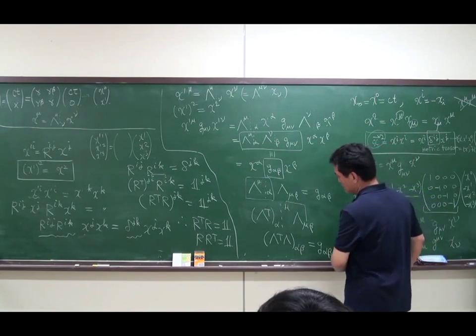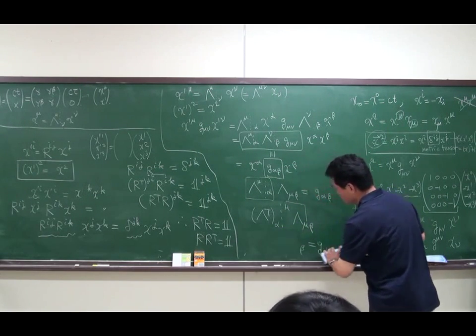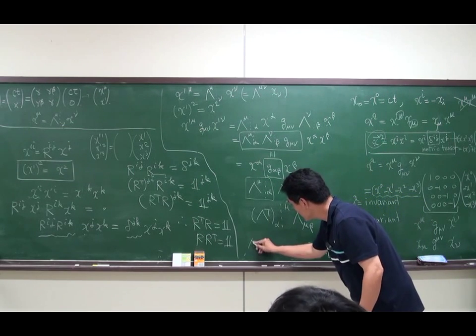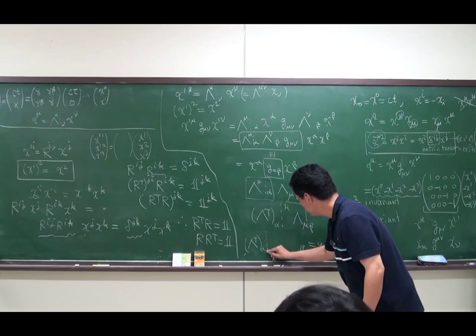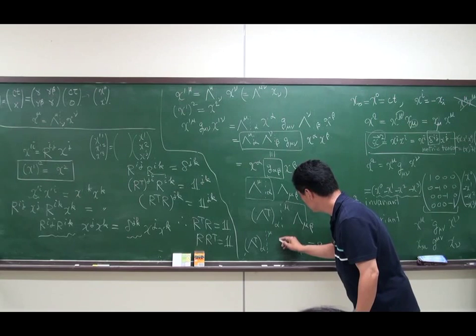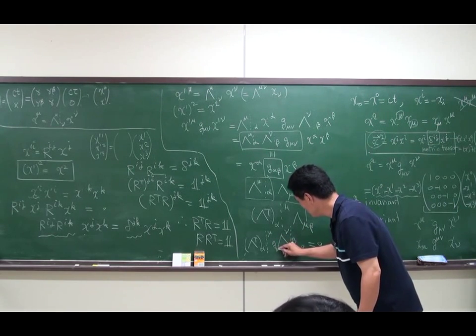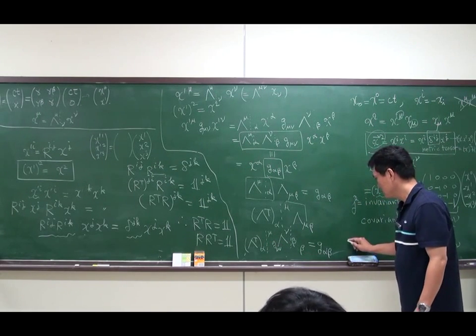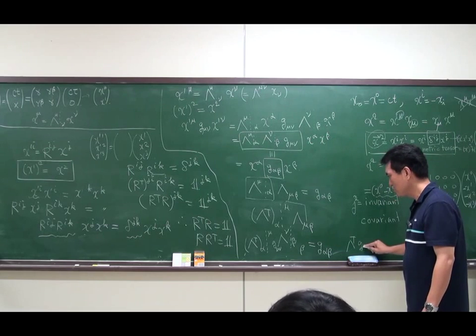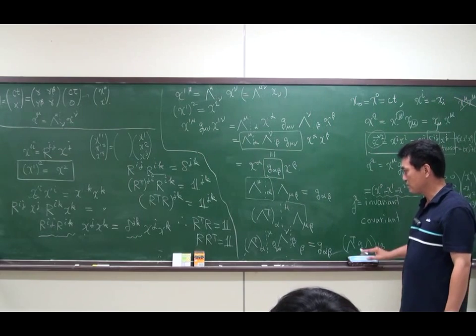However, it's better to put G mu nu here. Lambda transpose alpha mu and nu beta, G mu nu. Then it can be written as lambda transpose G lambda alpha beta. Perhaps this expression will be better.